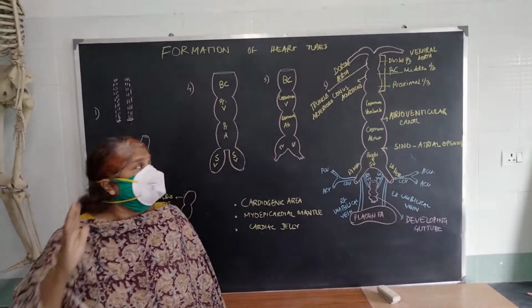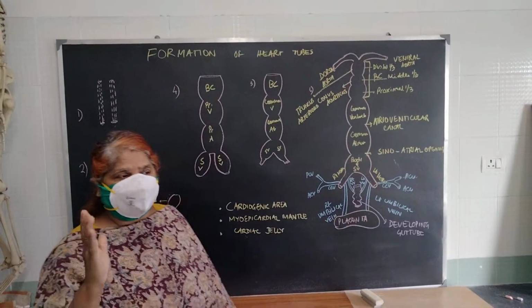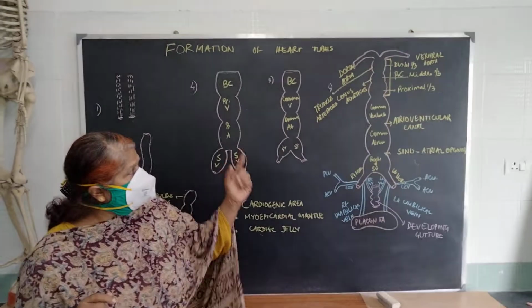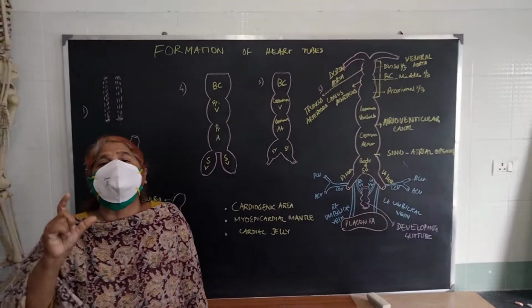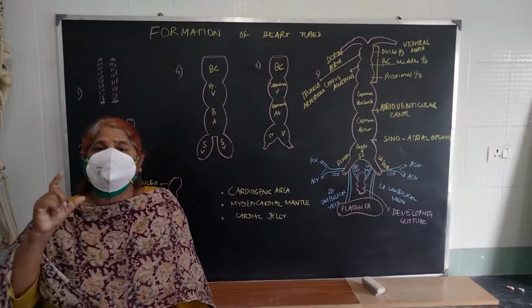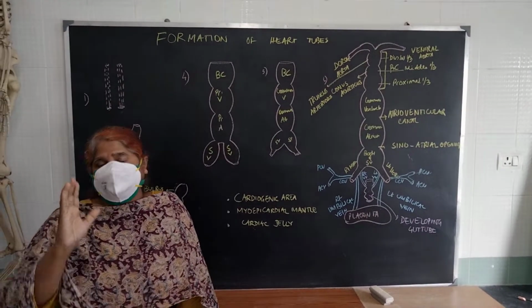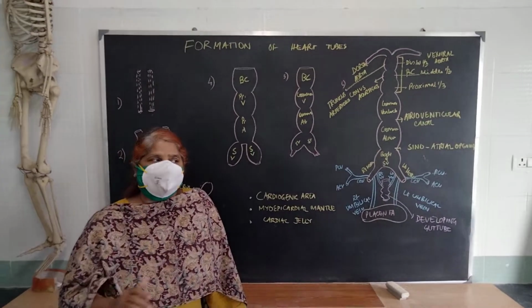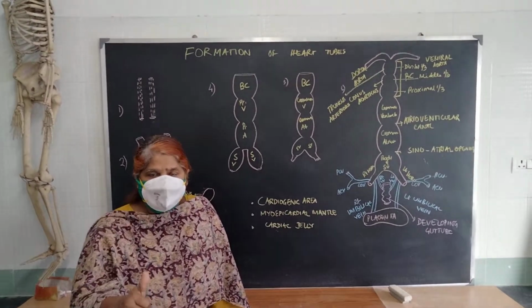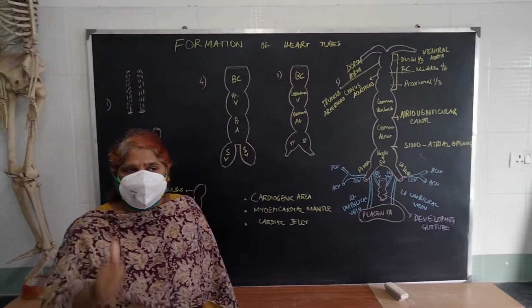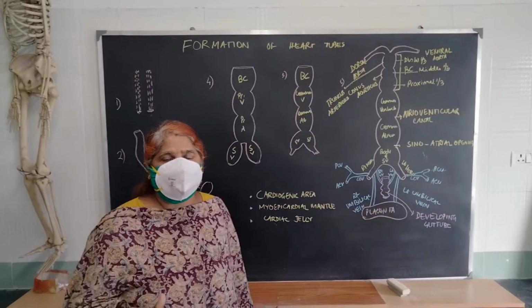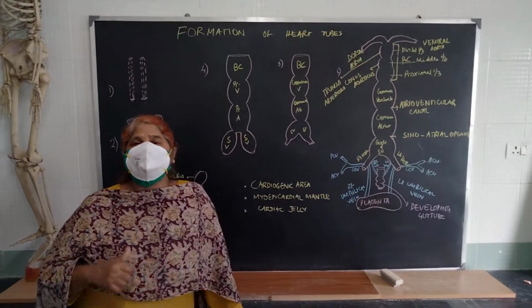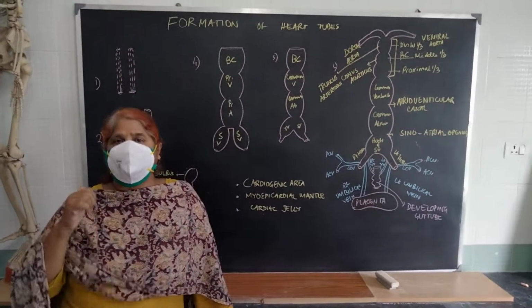That is the truncal septum in the truncus arteriosus, continuous with the conus septum in the conus arteriosus, called the conotruncal septum. That is a very important part of the development of the heart. So that is derived from the neural crest cells. So neural crest cells also play a part in septal development, and the cardiac jelly also plays a part in the development of the skeleton of the heart. Okay.